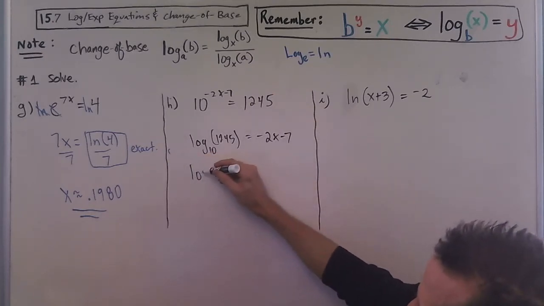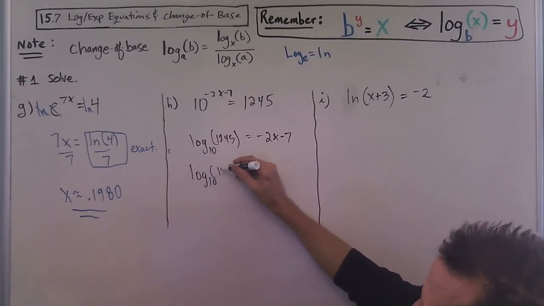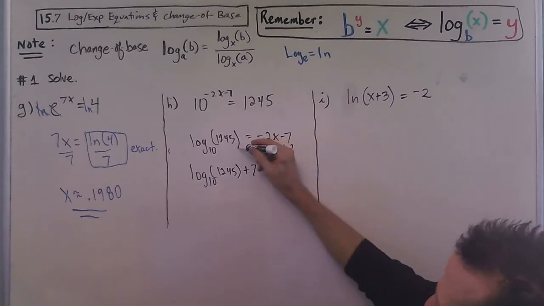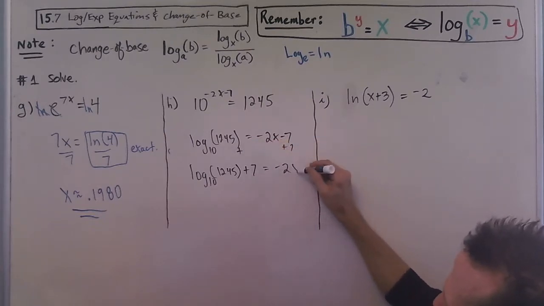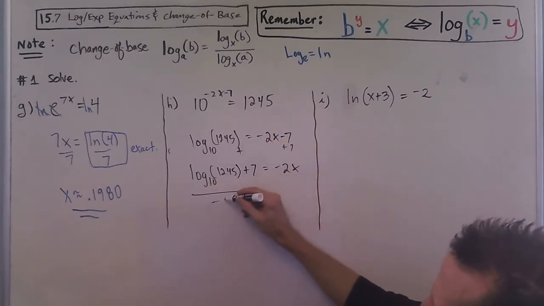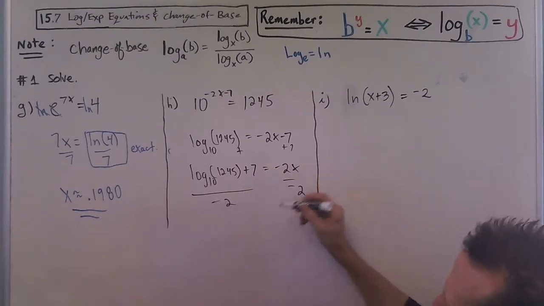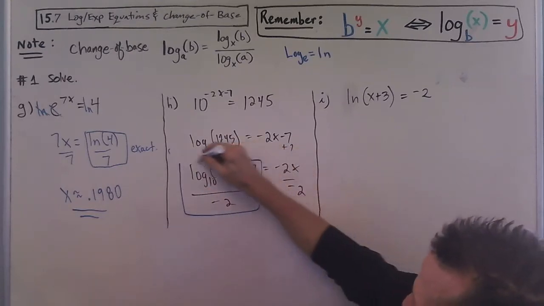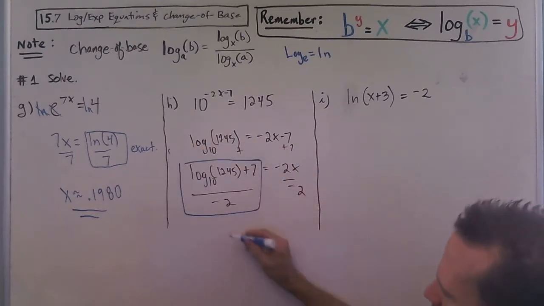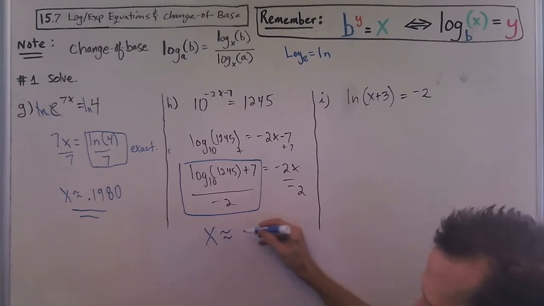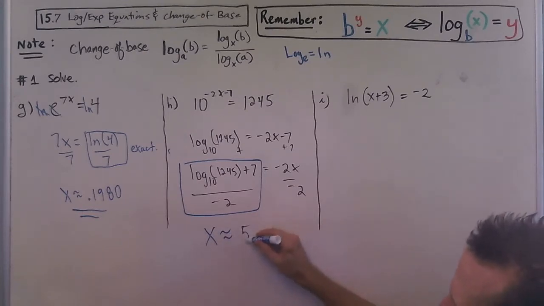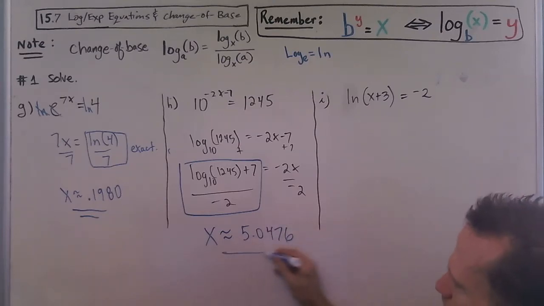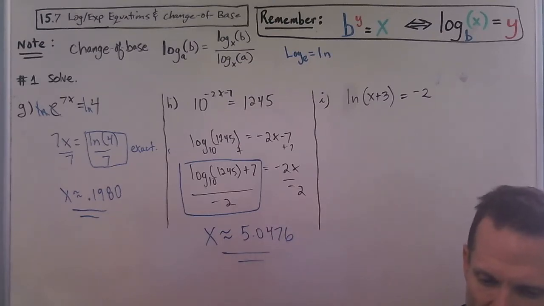So we would add 7 to both sides, and then we would divide by negative 2. So this here is your exact answer. So I had a little mistake there. And then when you get the decimal approximation, and you should mess around with it, you get 5.0476.